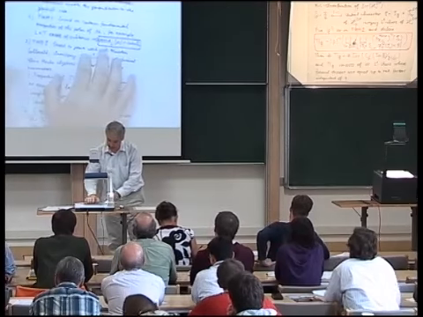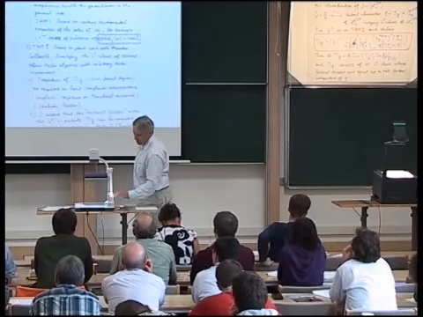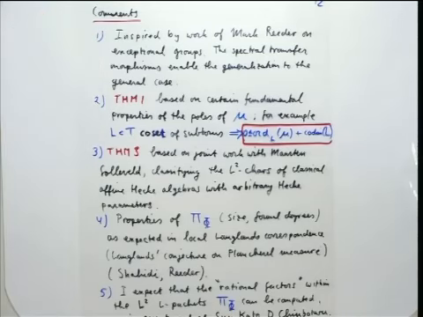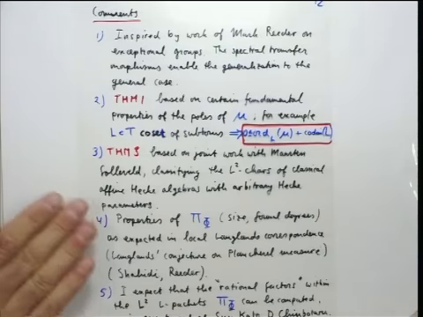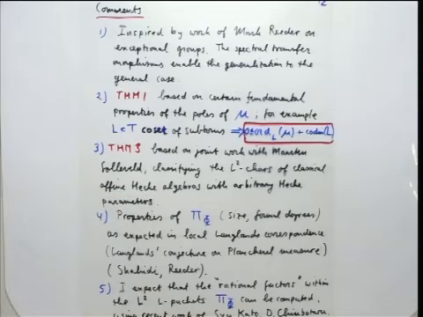So I would like to make some comments at this point. For exceptional groups, this approach was very much promoted by Mark Reeder. He looked at this but didn't have a very efficient way to compute the formal degrees. Later, a result of Heckman and myself helped to at least see what the formula for the formal degree should be, and that gave new fuel to his method of understanding the Langlands correspondence in this way.